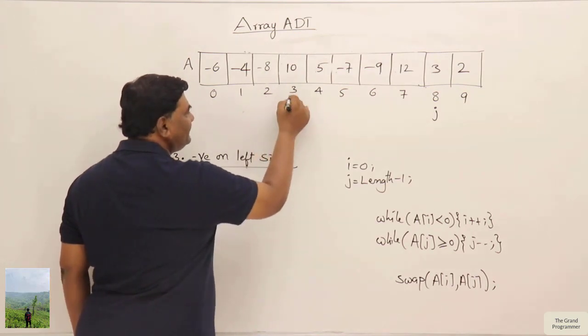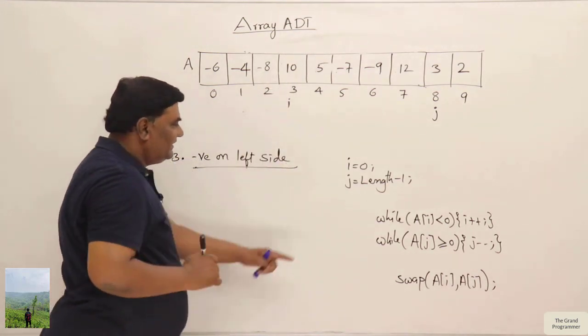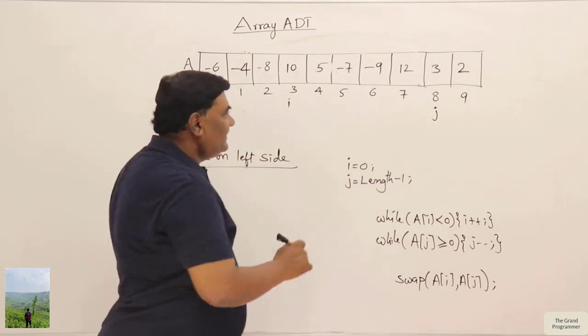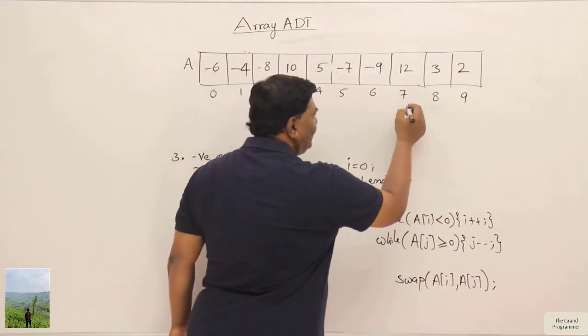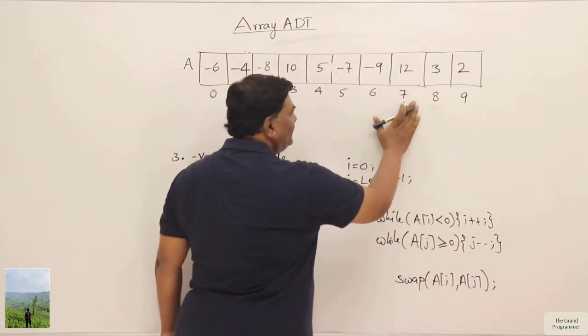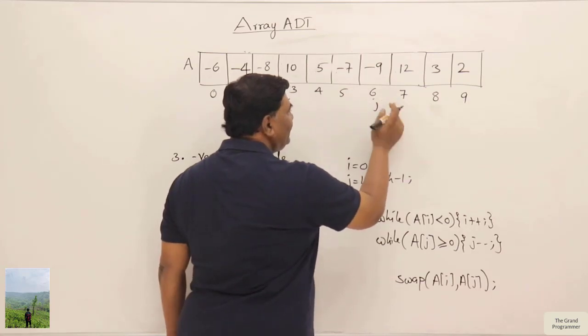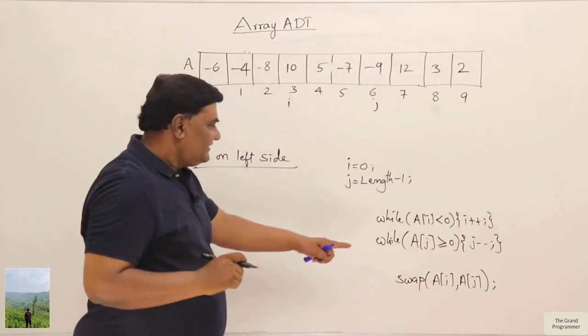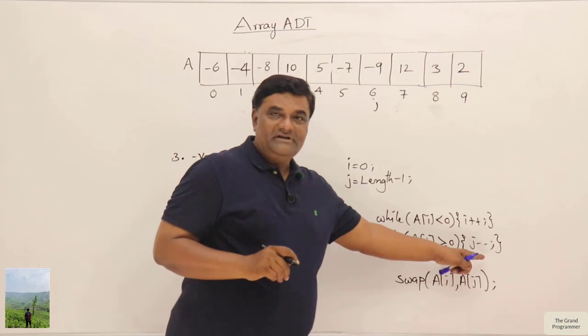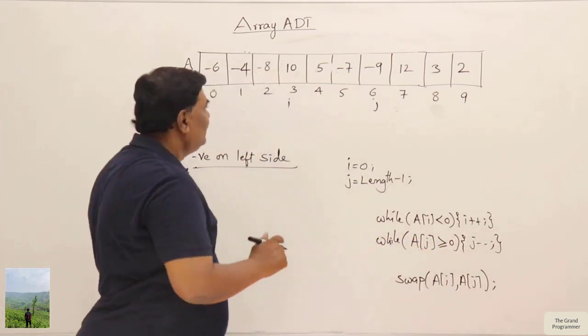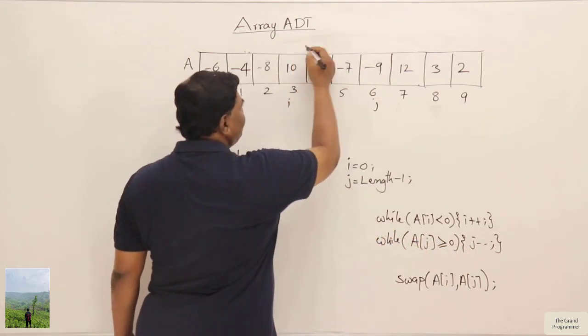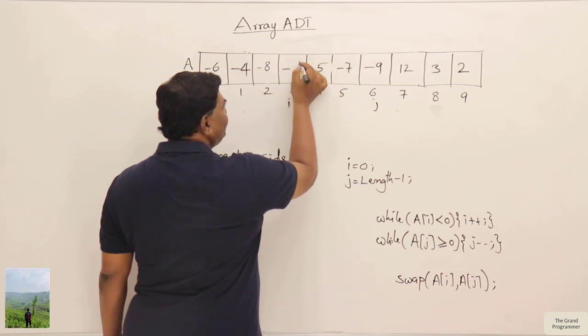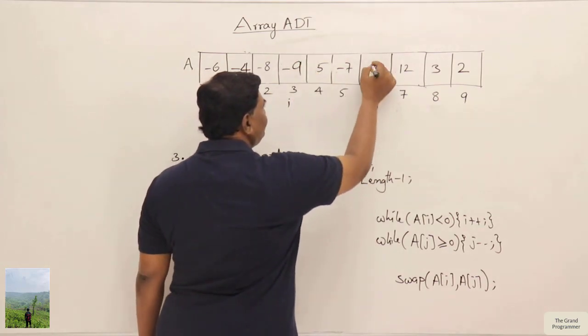No. i++. Is it a positive number? Yes, so this loop has finished. Then decrement j, j--. Is it a negative number? No. j--. Is it a negative number? Yes. So j is decremented until we get a negative number. Then interchange them. So minus 9 comes here and 10 goes there.